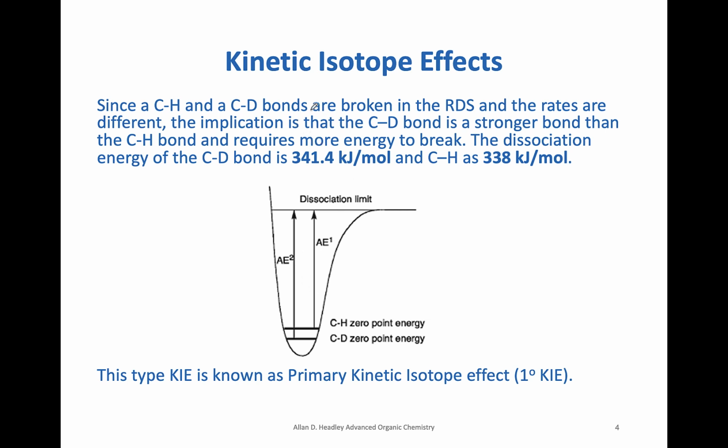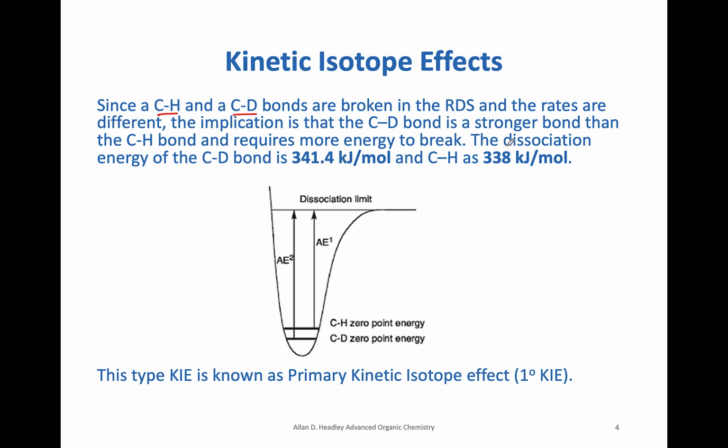It is obvious from the previous mechanism that a CH and a CD bond, one was broken. So it would imply that the energy requirements to break a CH bond and a CD bond are different. In other words, one bond seems to be stronger than the other bond.